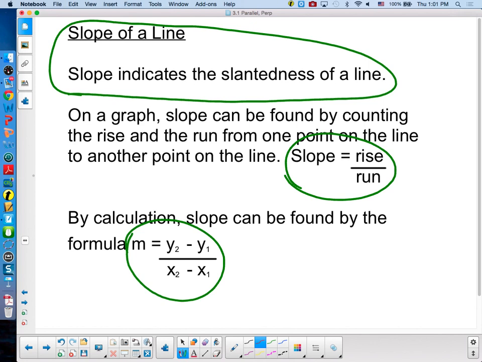Okay, let's make one more sample and then we'll work on homework. Okay, who wants to come up with a point for me? 5, 6 is 1 point. And 7, 14 was the other one? Okay, there's your 2 points. They kept them positive. Find the slope if we would connect those 2 points.